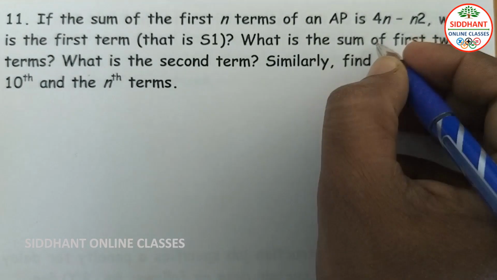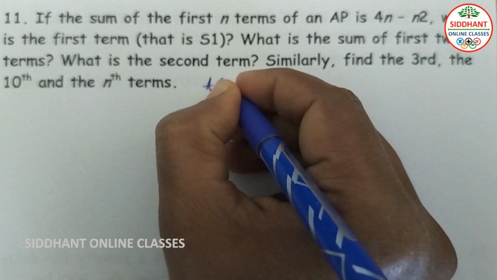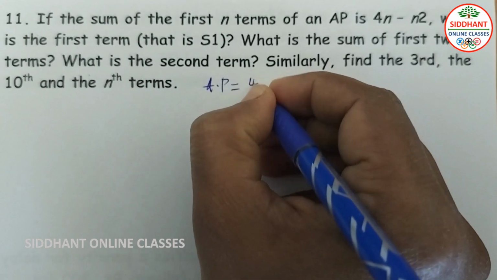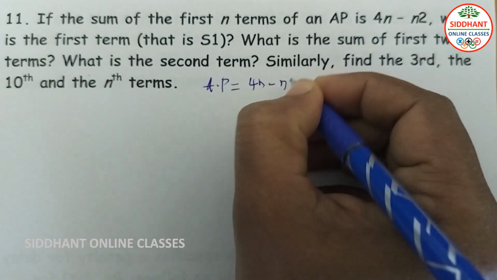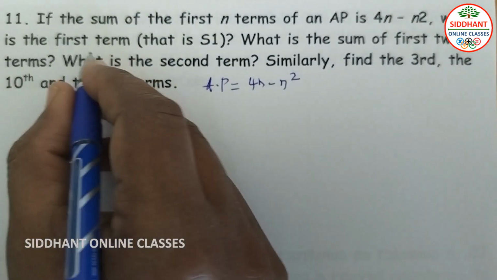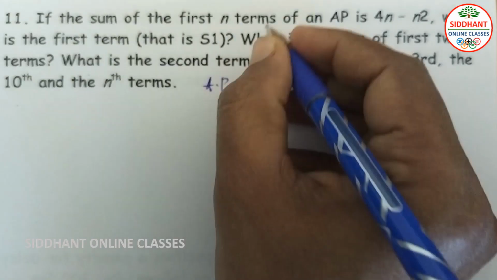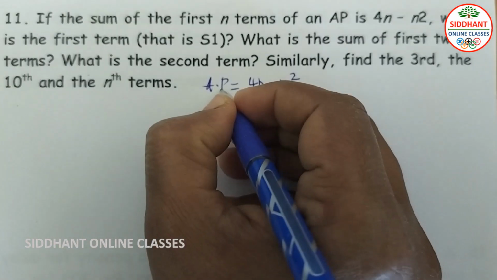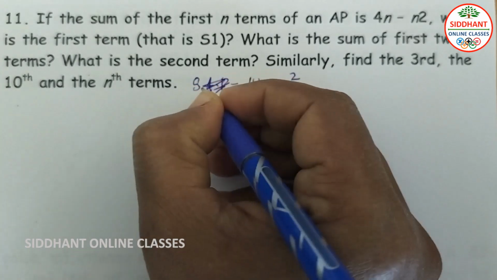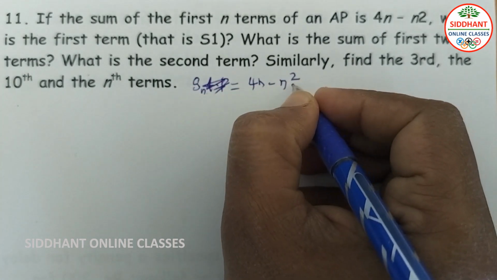So here the data given, which is the arithmetic progression, is 4n minus n square here. So now we are going to find out the first term, that means S1. The sum is given here, Sn equal to 4n minus n square.